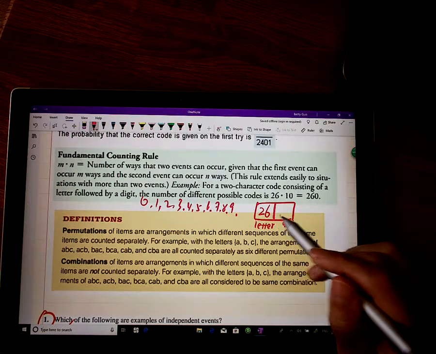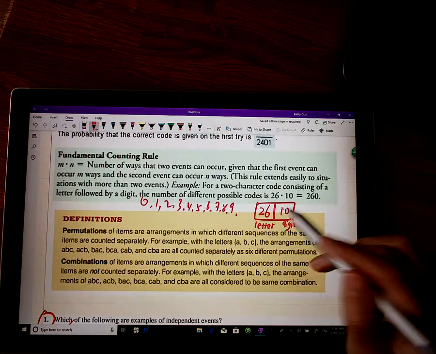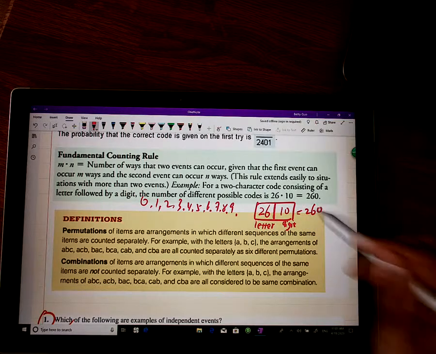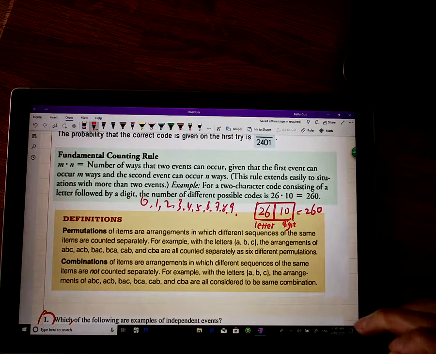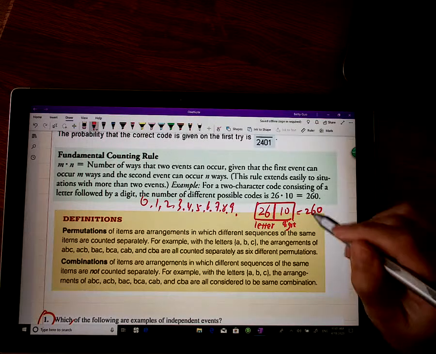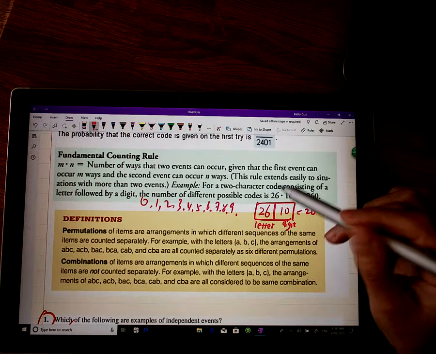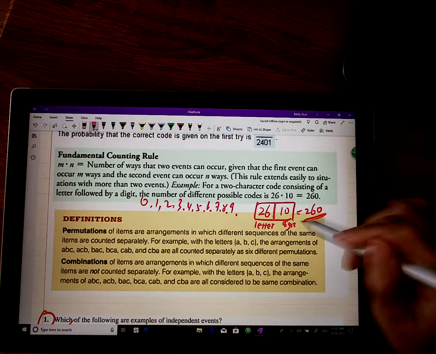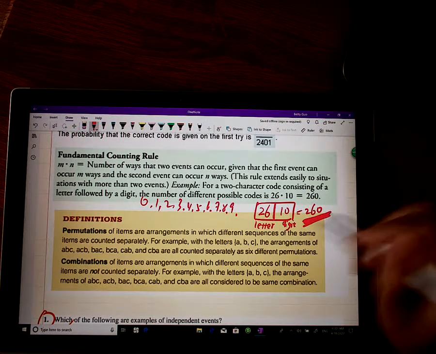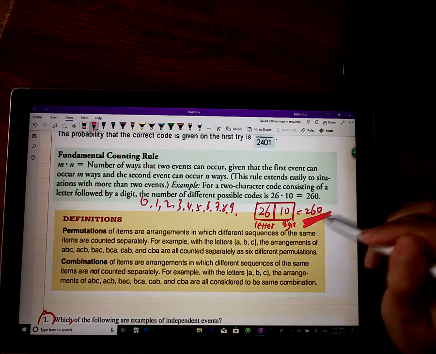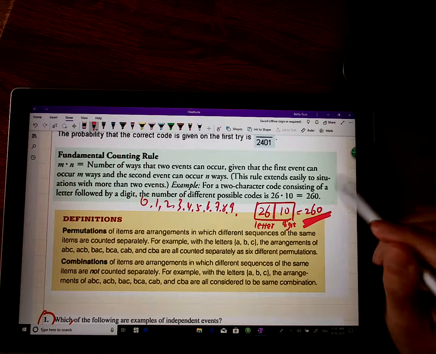That's the second character in the code. So 26 times 10, that is 260. So if someone steals your card and uses the 2-character codes, they would have to guess at the most 260 times to get a correct pin.